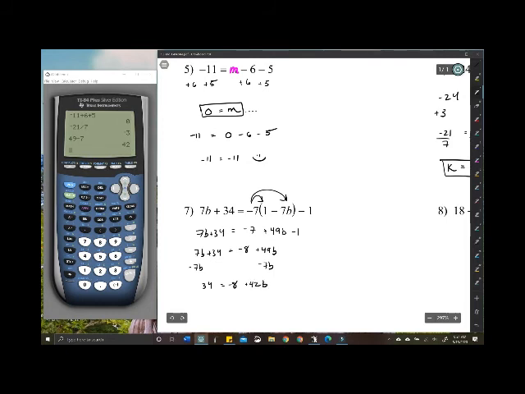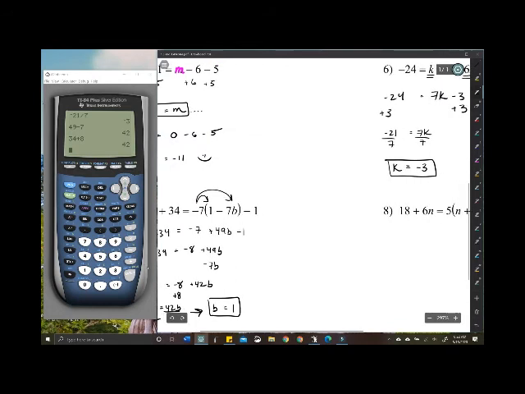And then if we add 8, 34 plus 8, 42 is equal to 42b divided by 42. We get b is equal to 1. Okay, so all the opposites and such here, and hopefully most of this is review from Algebra 1.